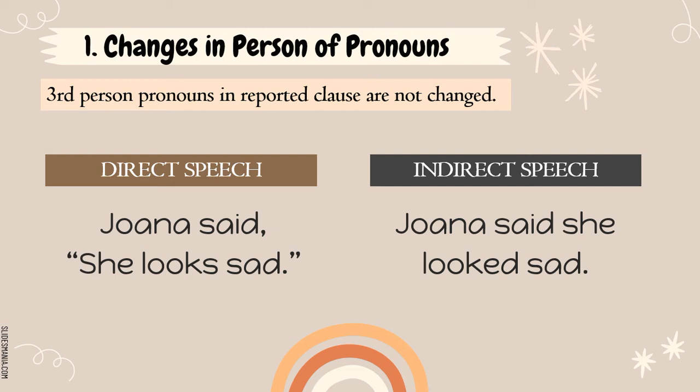And what is your third person pronoun? The obvious word she. Joanna said, she looks sad for the direct speech. For the indirect, Joanna said, she looked sad. There is no change in the third person pronouns in the reported clause. It is not changed.